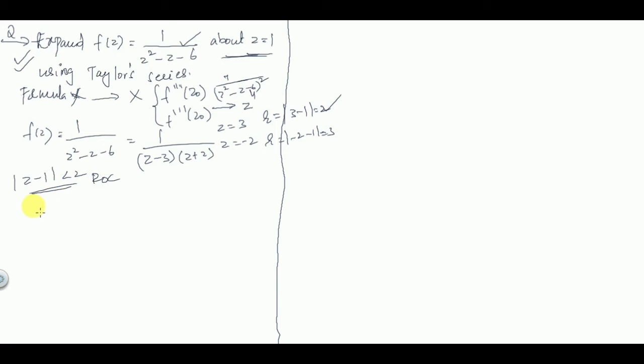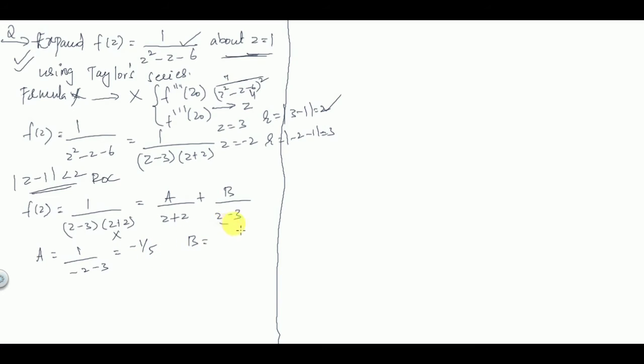Next we'll solve the expansion. f of z is equal to 1 by (z minus 3) into (z plus 2). Finding the partial fractions, a by z plus 2 plus b by z minus 3. a is obtained by substituting z equal to minus 2 without the term z plus 2, so 1 by minus 2 minus 3, which is minus 1 by 5. b is obtained by substituting z equal to 3 without the term z minus 3, so 1 by 3 plus 2, which is 1 by 5.